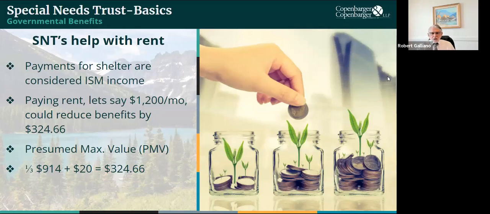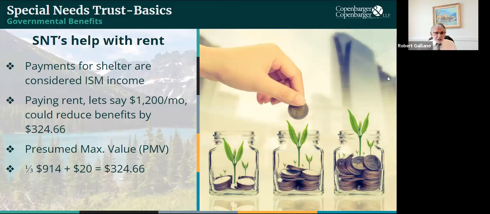And let's assume that that beneficiary is earning, let's say, $800 of SSI. That's the income that they get. They're receiving $817 in SSI income. But let's just say that a family member wants to place the beneficiary in an assisted living facility or in another facility.